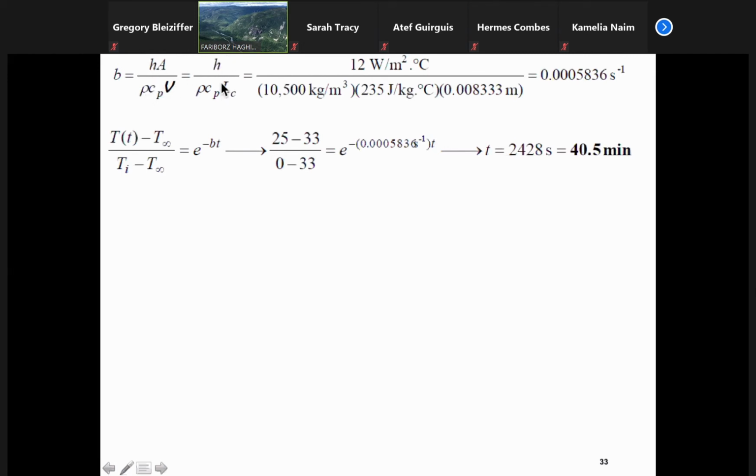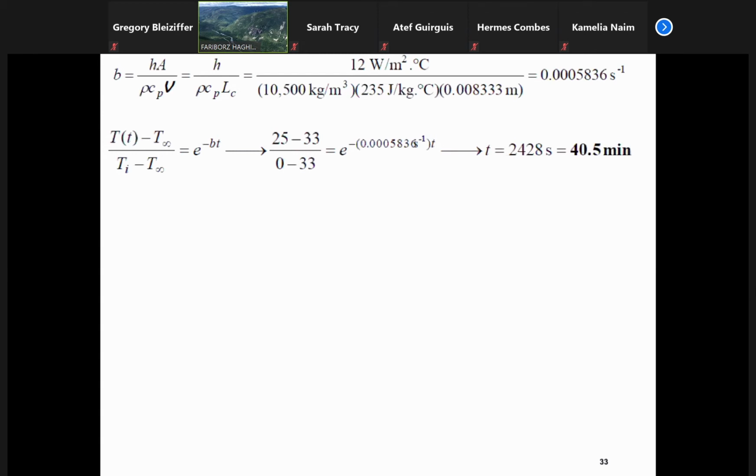We can simplify to this number here, and then we calculate the time value. And here you can see we reach the same time of 40.55 minutes, for the simple reason that the cube and sphere had almost the same dimension, okay?